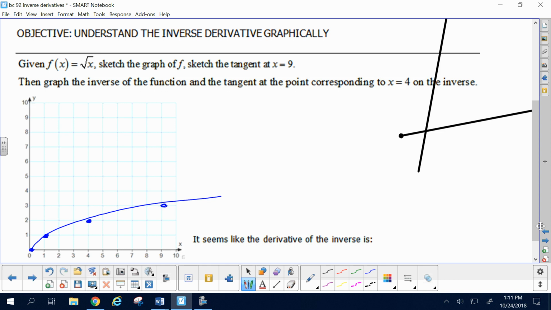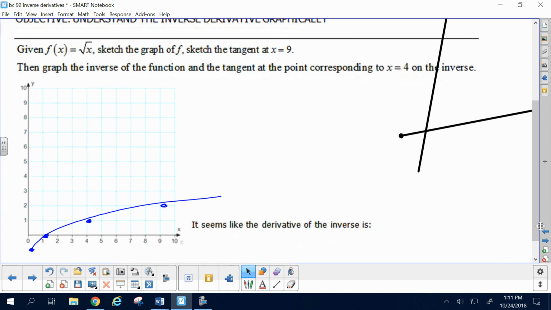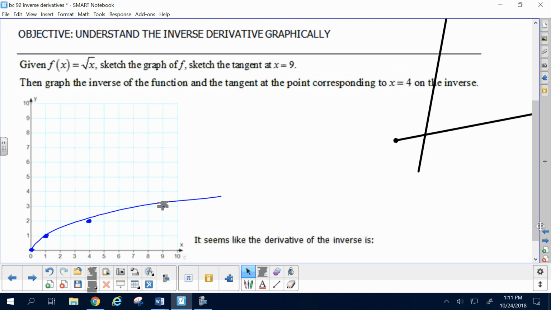Sketch the tangent at x equals 9, please. Darn it. Having a rough time. Aha. Okay. Yeah. All right. Are you with me?